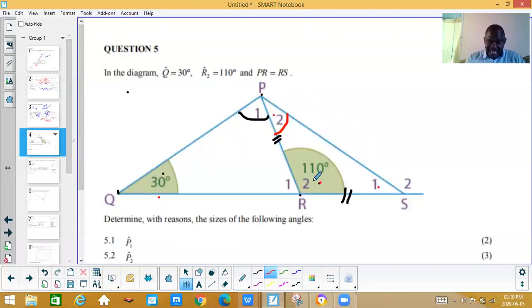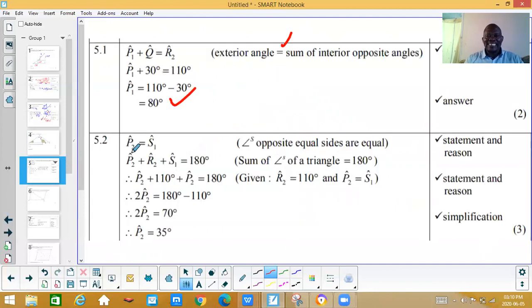P2 plus R2 plus S1 must give us 180 degrees. You must give a reason why you are saying so: the sum of interior angles of any given triangle is equal to 180. You remember this reason from grade 8, so you are seeing it is continuing with us.